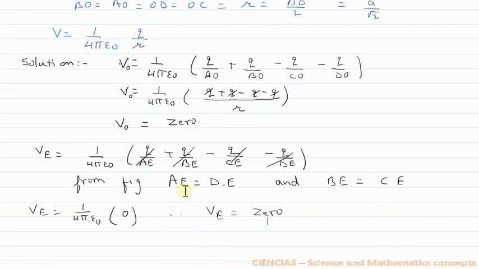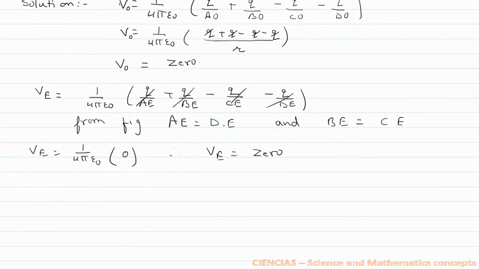So therefore, work done in carrying a charge from O to E. What is the formula for work done? Formula for work done is W is equal to charge into potential difference.